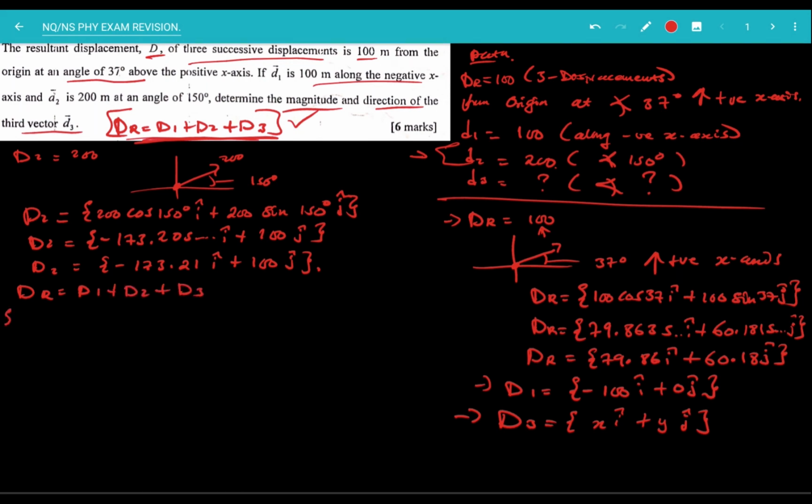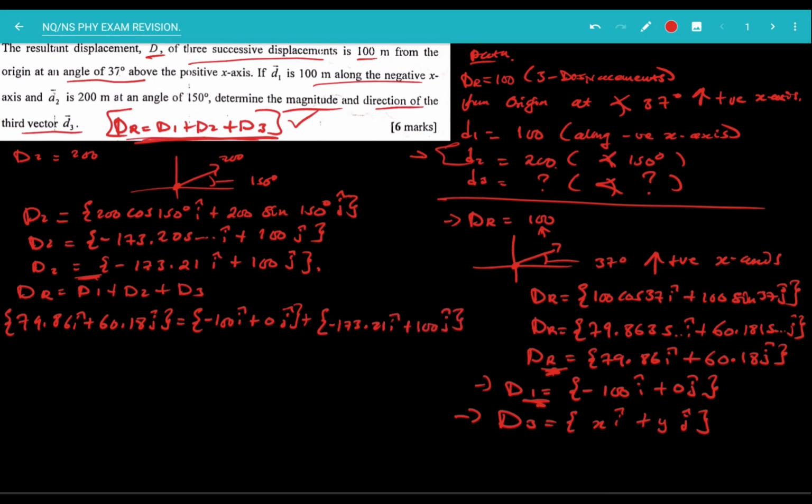So d resultant has the components we found here, which is 79.86 in the i plus 60.18 in the j, being equal to d1, which has the components negative 100 in the i plus 0 in the j, plus d2, which has the components negative 173.21 in the i plus 100 in the j. I'm not really having space this side, so I'm going to erase these values this side.